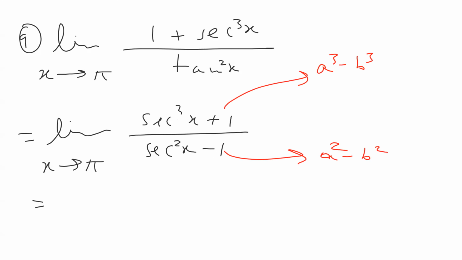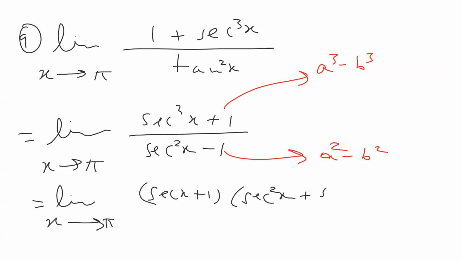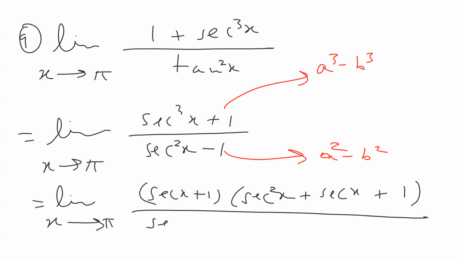So this is equal to limit x approaching pi, sec x plus 1, sec square x plus sec x into 1, that is sec x plus 1 square, 1 square is 1, upon sec x plus 1, sec x minus 1. These two terms are getting cancelled. Now if you put pi over here, x as pi, so sec pi, that is sec 180.